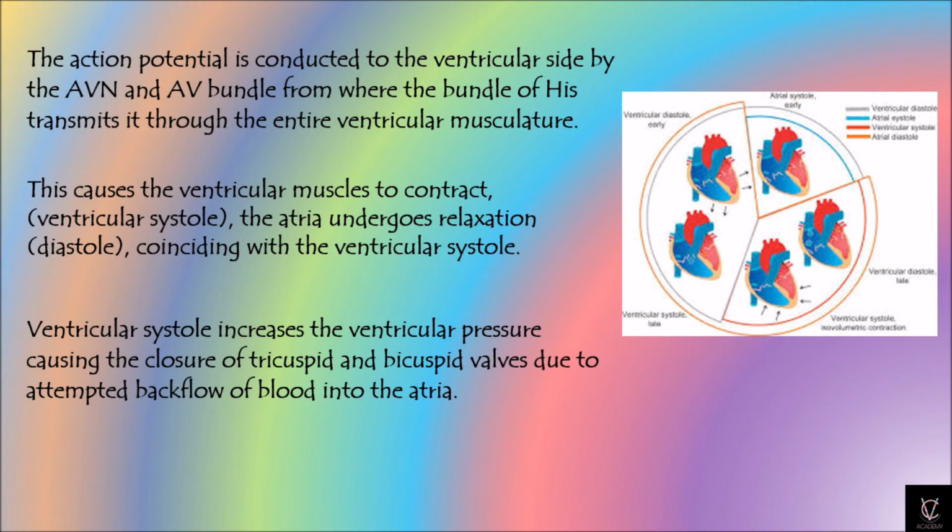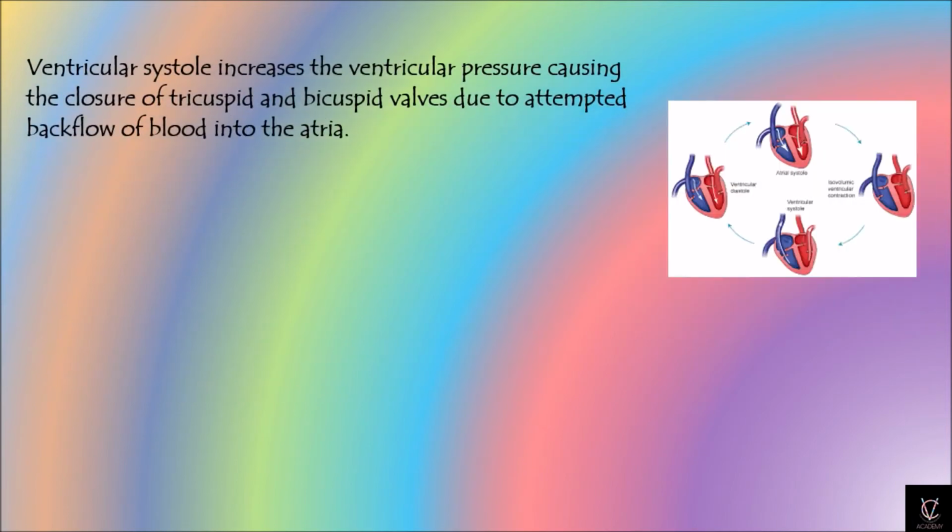Now the pressure exerted in the ventricles causes the closure of the tricuspid and bicuspid valves, as they are unidirectional and will not allow the blood to flow in reverse. So in order to prevent the backflow of blood into the atria, the cuspid valves are closed.